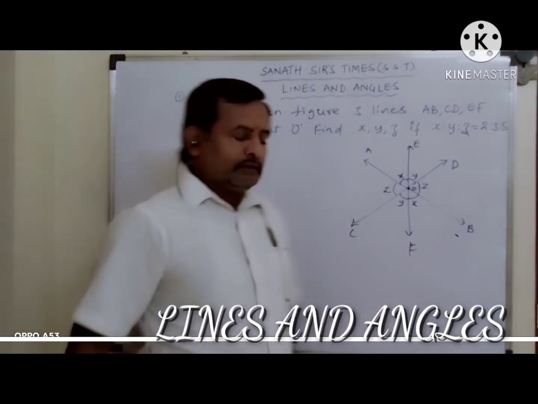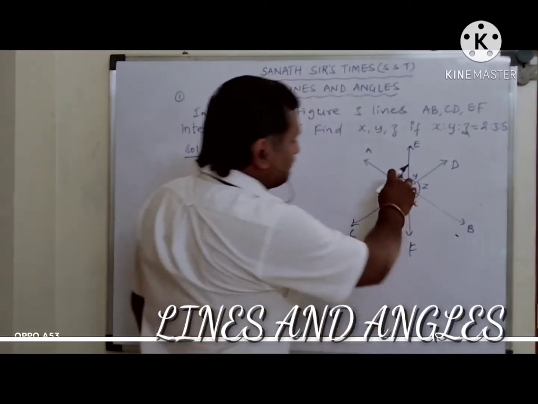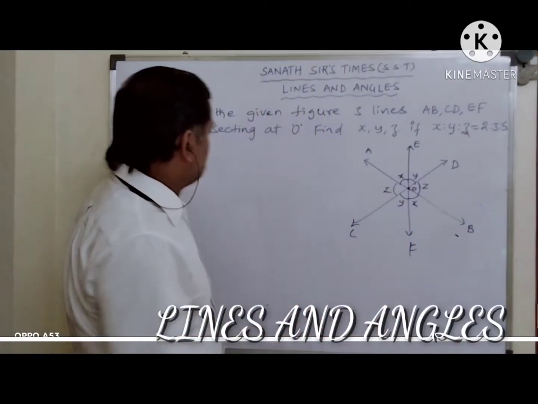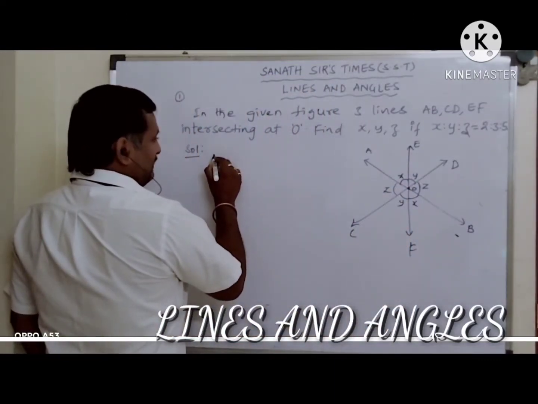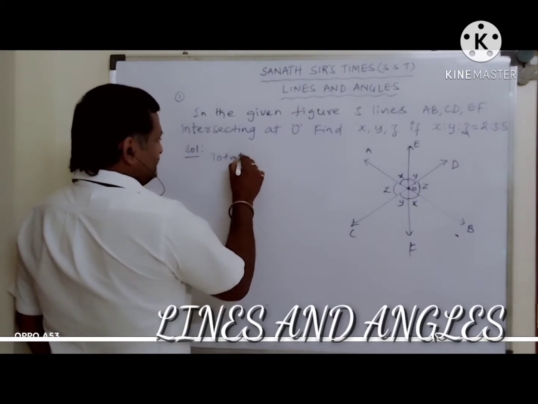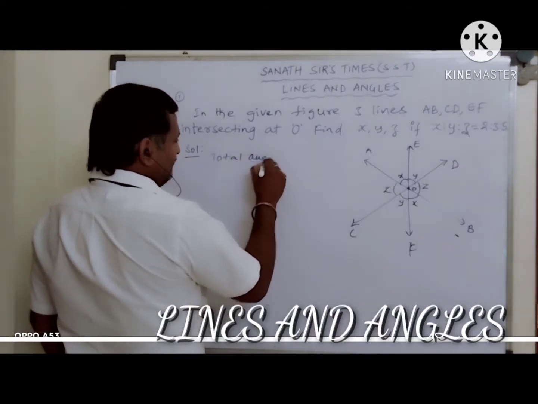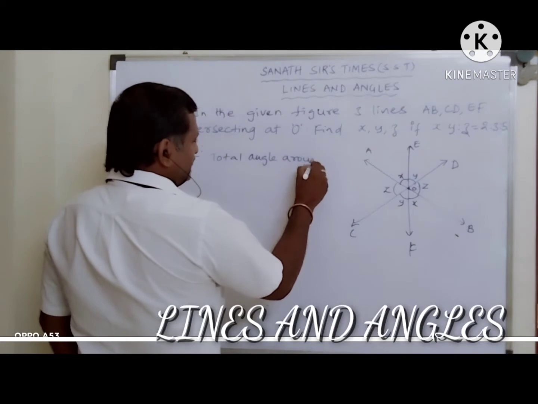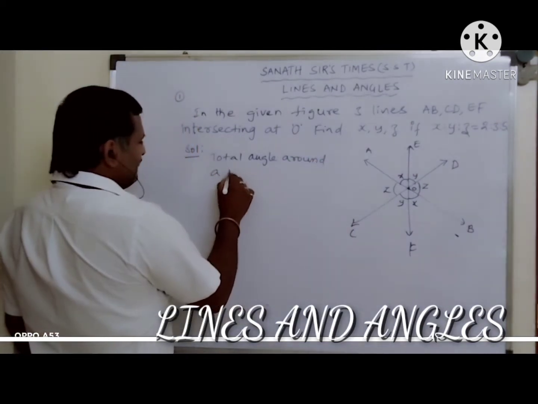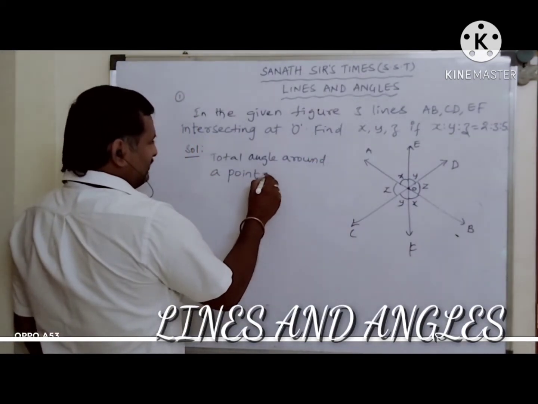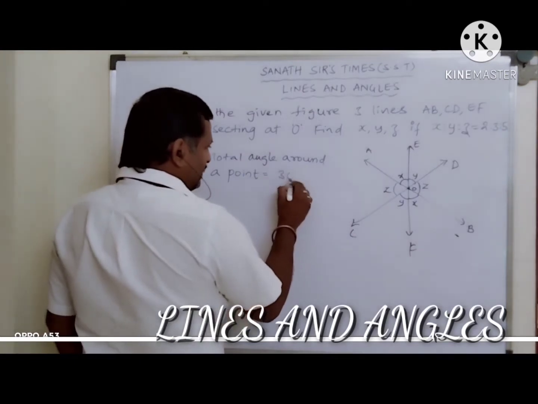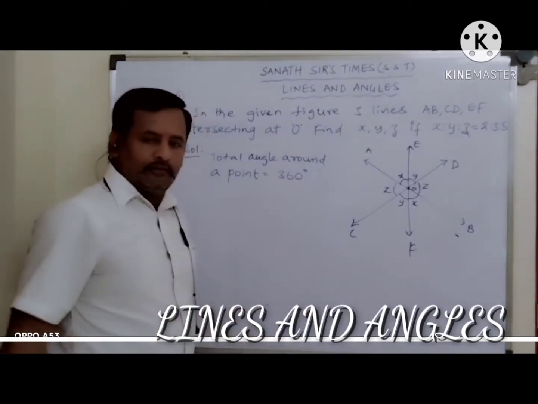So that is the total blanks I have filled up. Now, the total angle around a point, we know that is equal to what? 360 degrees.